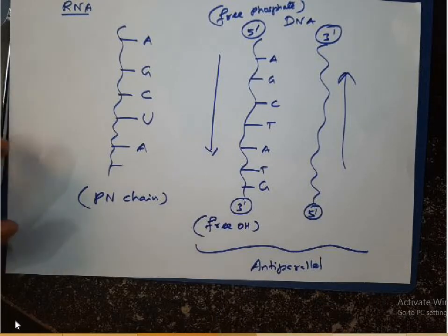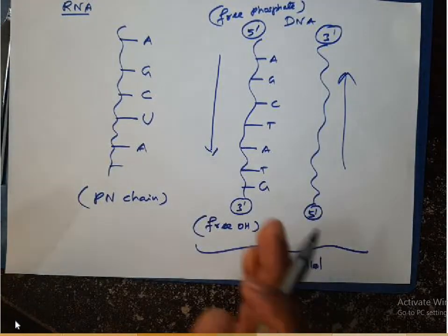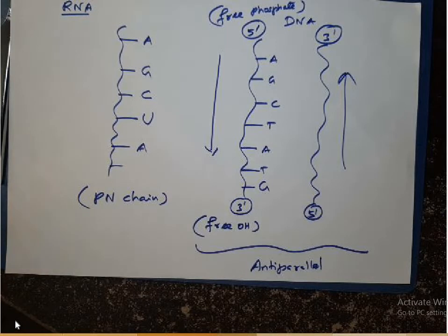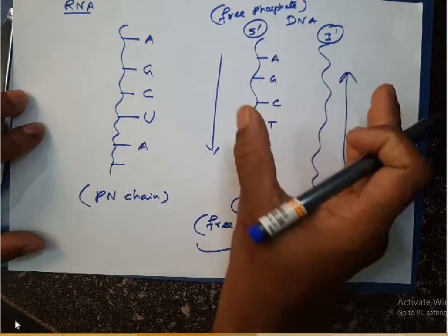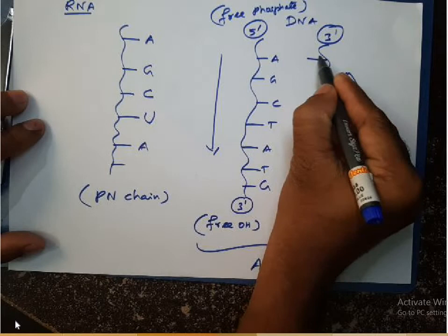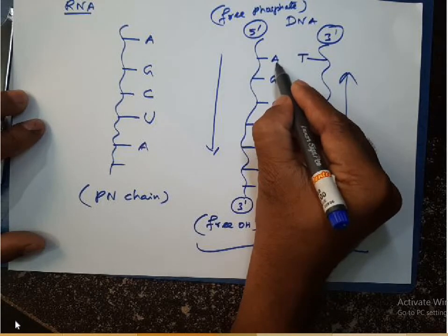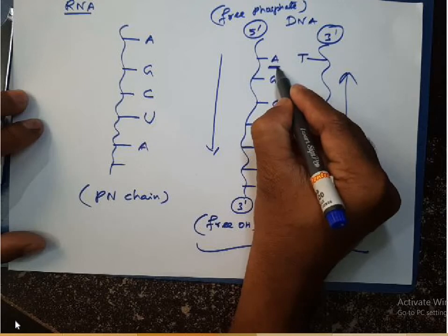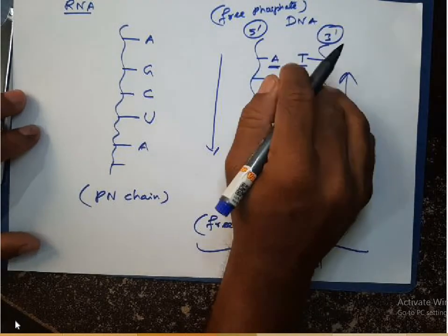And one more piece of information, students, observe carefully. The two chains are always connected through hydrogen bonding. The two nucleotide chains in DNA are connected through hydrogen bonding. How? The base present in the other nucleotide chain: always with the base adenine in one chain, the base thymine will join.